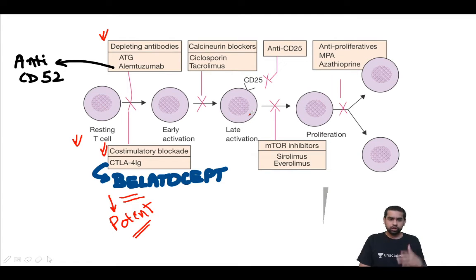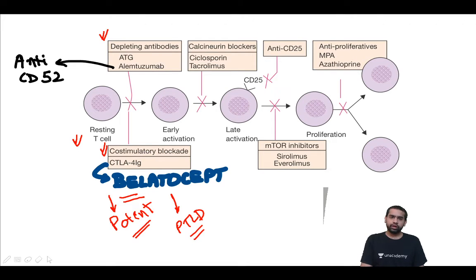And if you try to correlate, that is the reason why belatacept is associated with PTLD, which is basically a type of malignancy. It is a malignant-like reaction, we'll talk about that too. This is the early phase of the malignant kind of reaction which happens. So now you get it: because it is acting in the early phase, it is causing more immunosuppression, and that is why the risk of malignancy is more in this particular patient. I hope you got this.